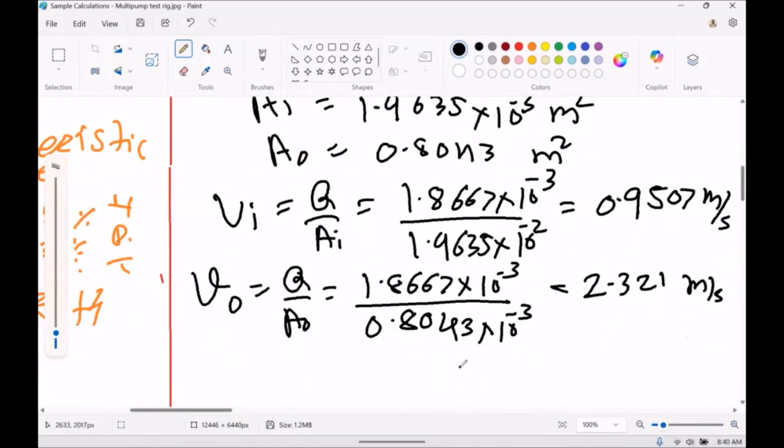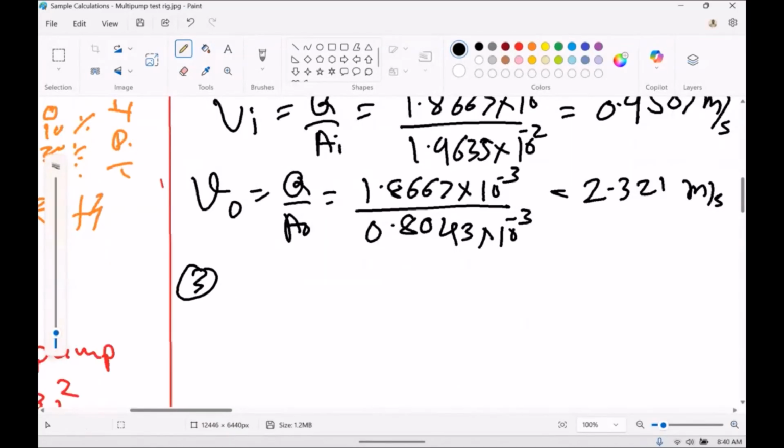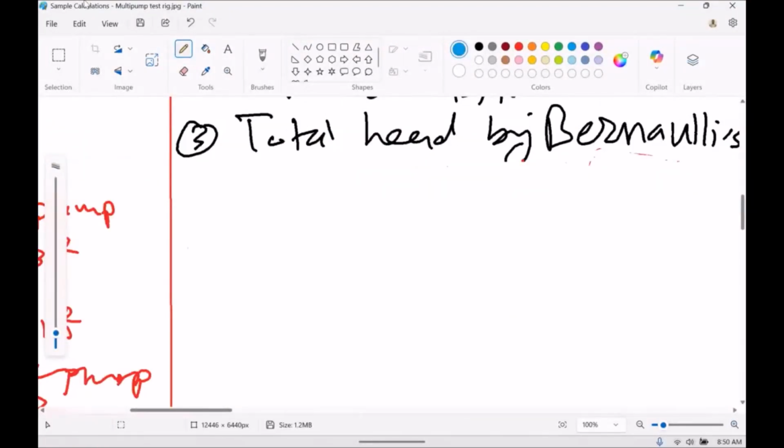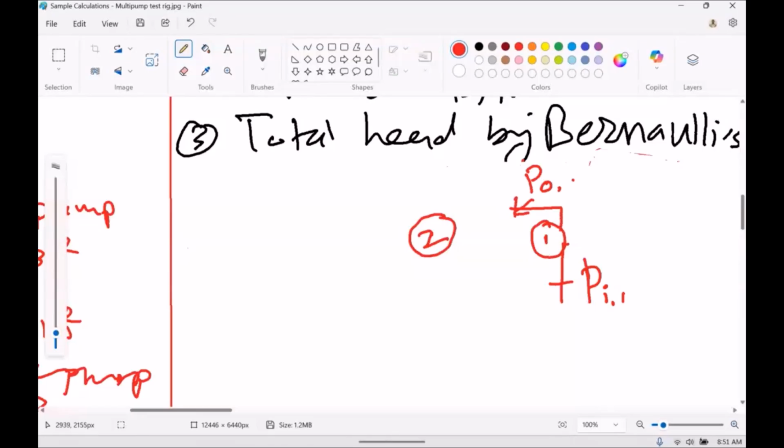Now I have Vi and Vo. Now I can apply Bernoulli's equation, total head by Bernoulli's equation. Now writing the equation is very important. Before that we need to understand the diagram, how the pumps are connected in series. So this is pump number 2 and this is pump number 1. So this is the inlet for the pump, and I can measure the pump pressure at inlet for pump 1, and this is the outlet pressure, Po, outlet pressure for pump 1.